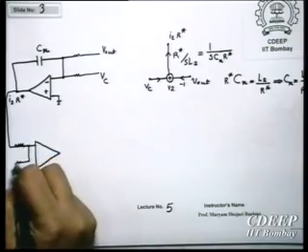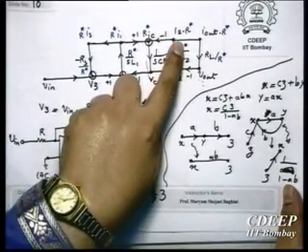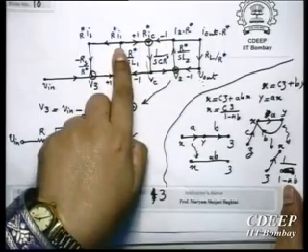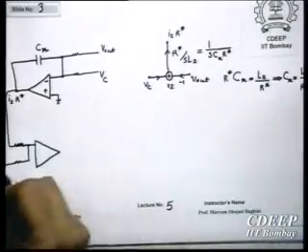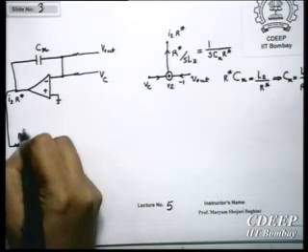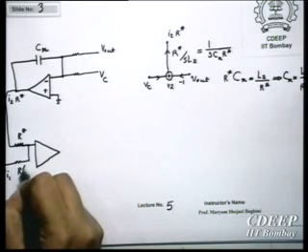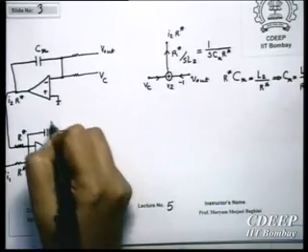One more. This is R2 R star I2 and this is I1, R star I1. And then this goes again to the next C1.